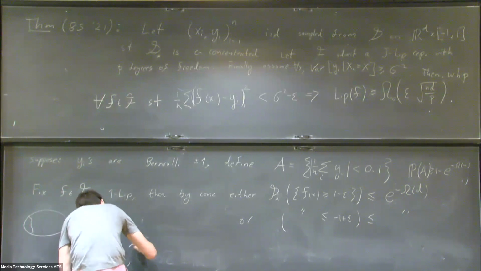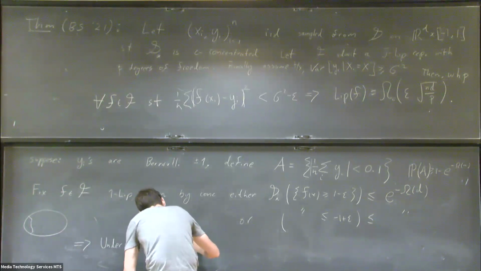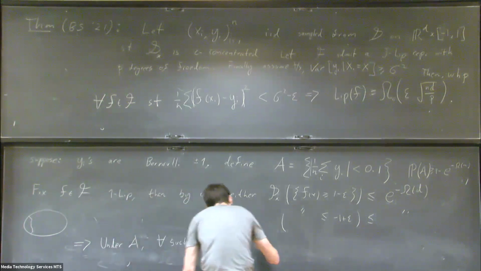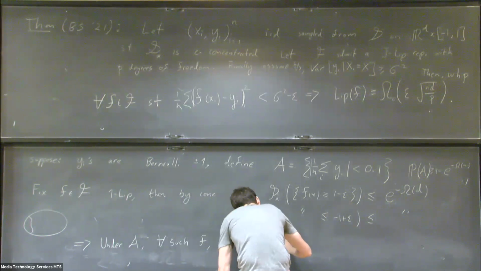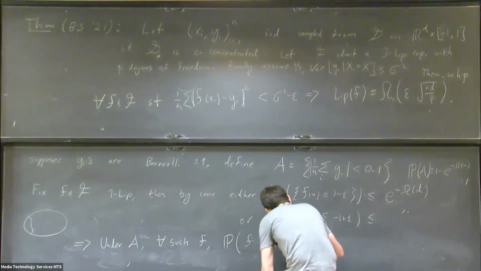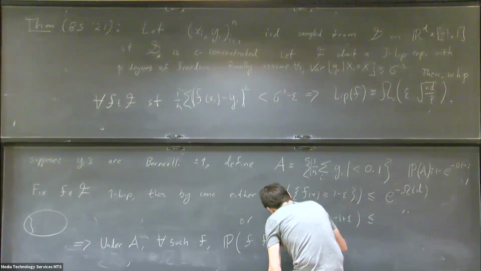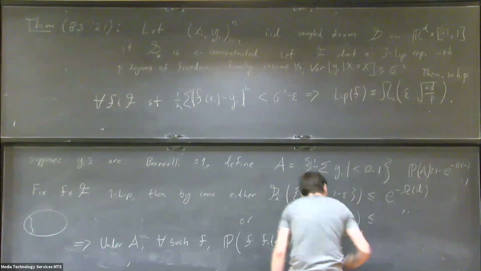Under A, for all such f, the probability that f fits the data, psi yi, is at most e to the minus n times d.